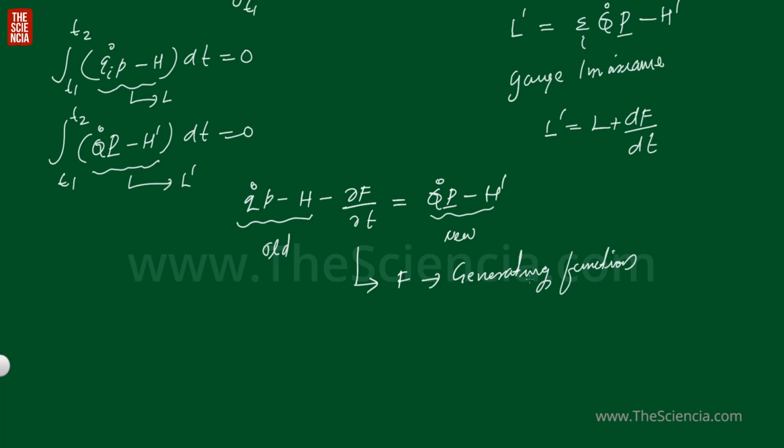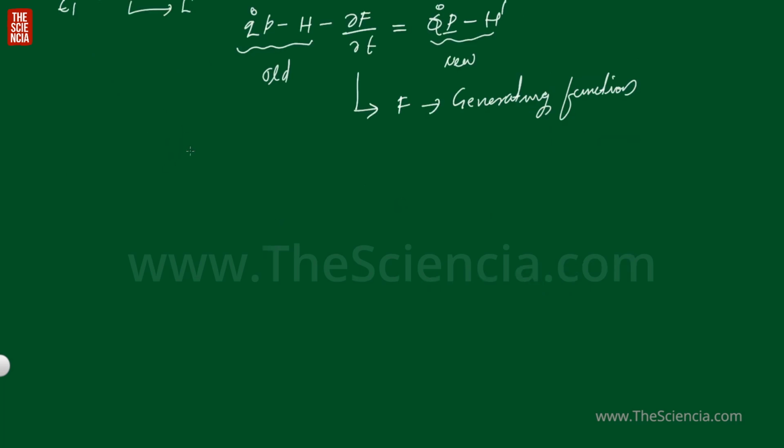So this generating function will transform the old set of coordinates to the new set of coordinates, right? And this generating function f will be a function of q, p, capital Q, capital P. That is, it will be a function of a combination of old set of coordinates and new set of coordinates. So we can construct different generating functions. The first one is f1.